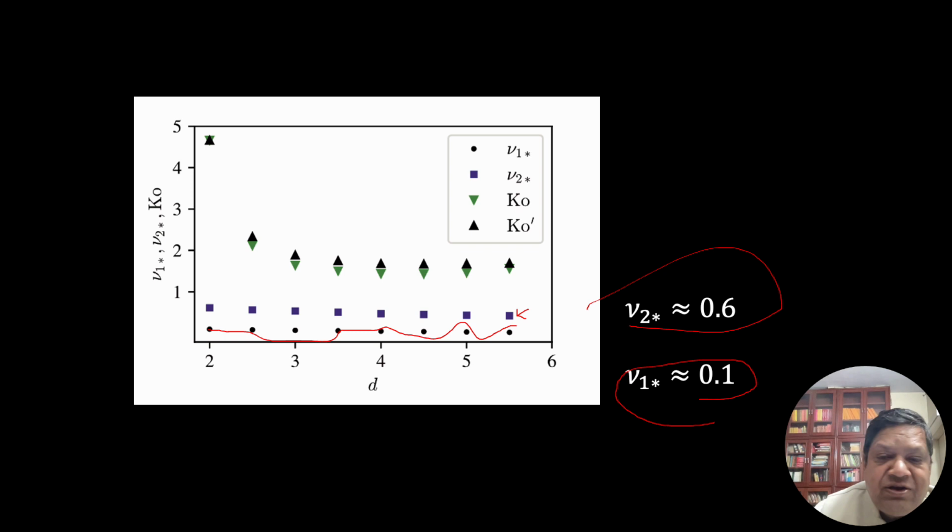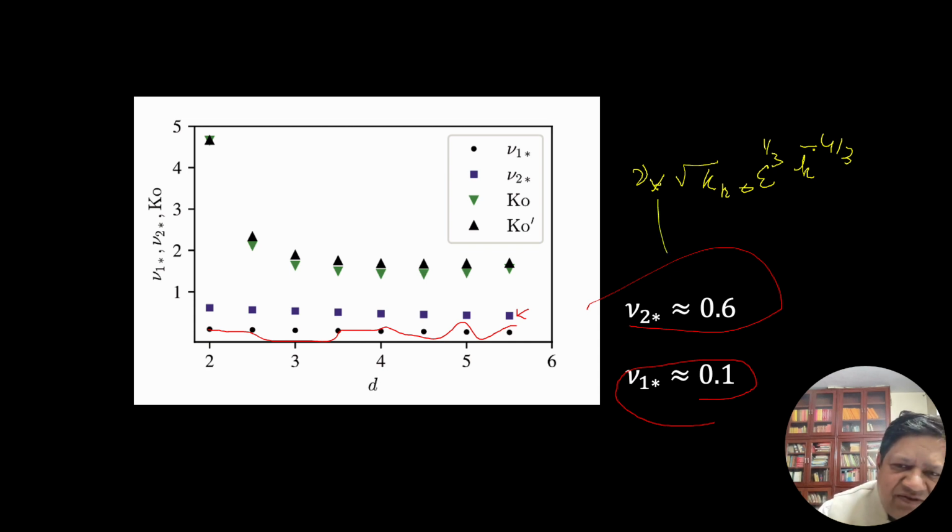Please keep in mind that nu2 star and nu1 star are not viscosities. Viscosity is nu star, 1 star, 2 star, square root k Kolmogorov, epsilon 1/3, k minus 4/3. So this is a viscosity. We have a prefactor in front, which is given here. So we can find that.